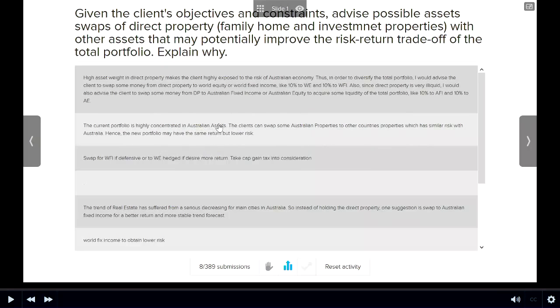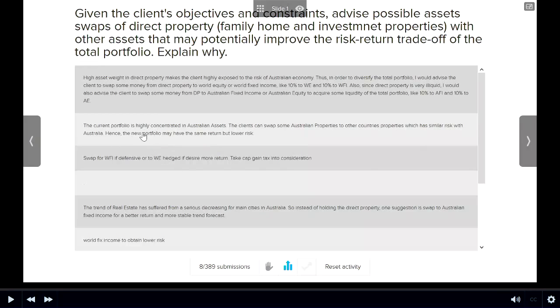Although it's not very clearly identifying concentrated risk to the Australian economy, I understand that all are Australian assets, so that will be concentrated risk. And swap to some other country's properties with similar risk and may have the same return but lower risk. So this is a little bit confusing, that you want to swap to other country properties with similar risk.